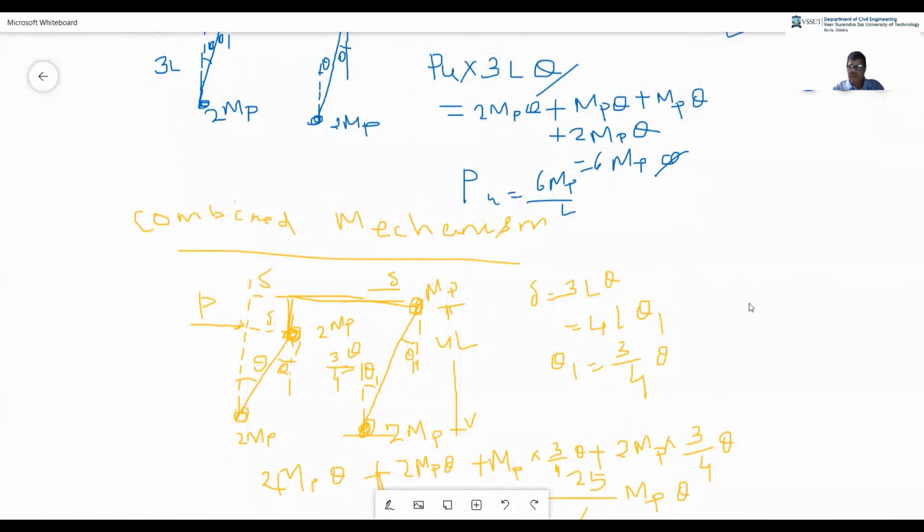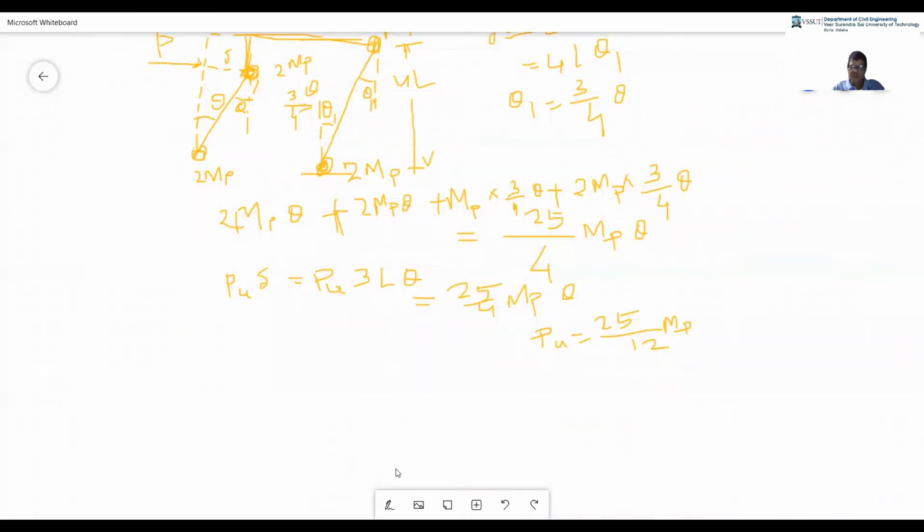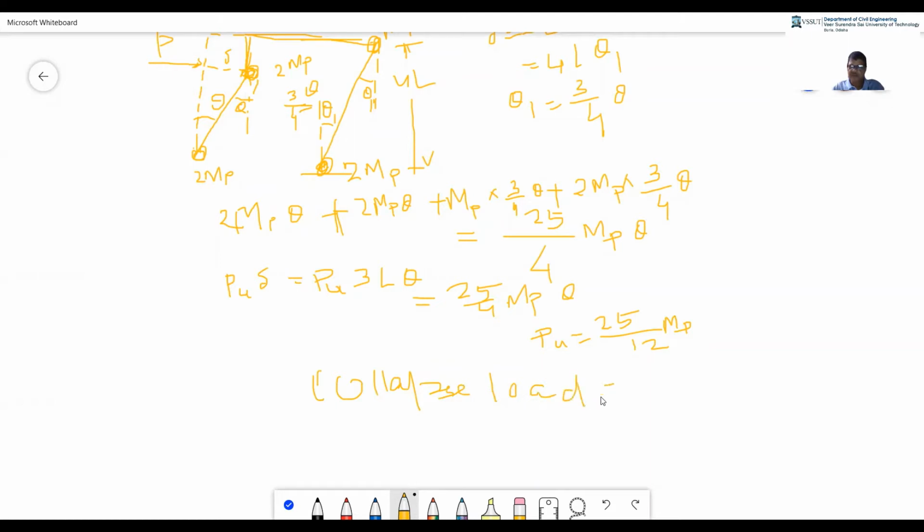The lowest load will be 25 by 12 MP. So this is the lowest collapse load. What is the collapse load? The collapse load is equal to 25 by 12 MP, 2 point something. 25 by 12 MP is the collapse load.